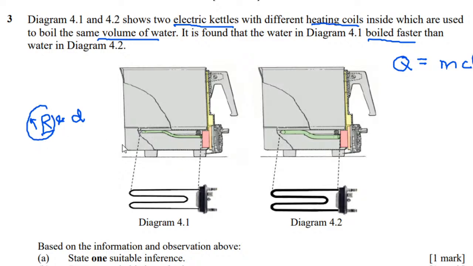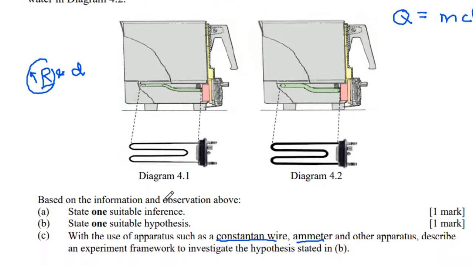Careful lah. Since we already discuss, so nampak macam senang. But if let's say you get the fresh paper, mungkin boleh confuse. So look at the question carefully. Take your time to write the hypothesis especially. If inference salah sikit tak apa. If hypothesis salah, the whole thing will be affected.